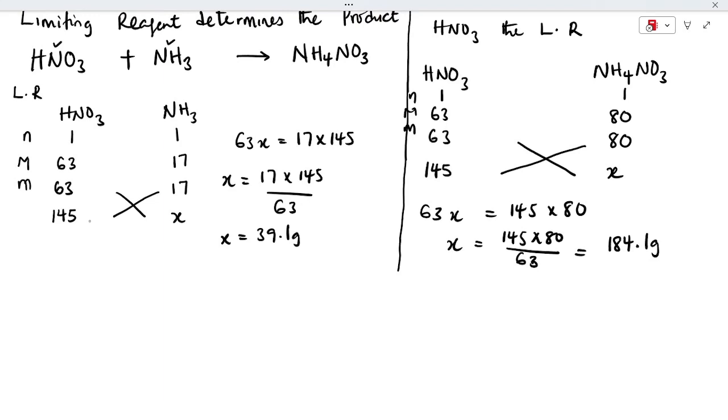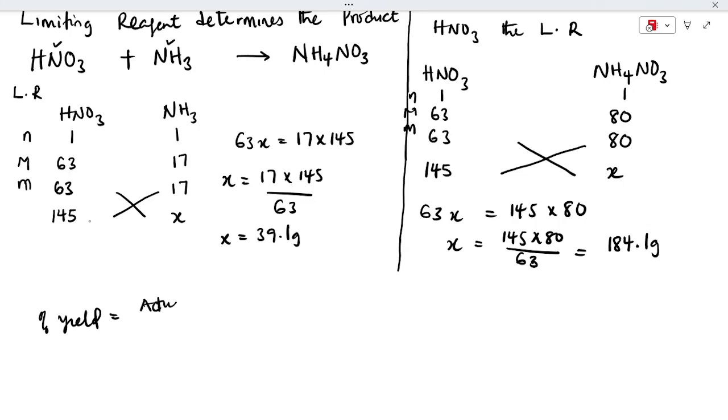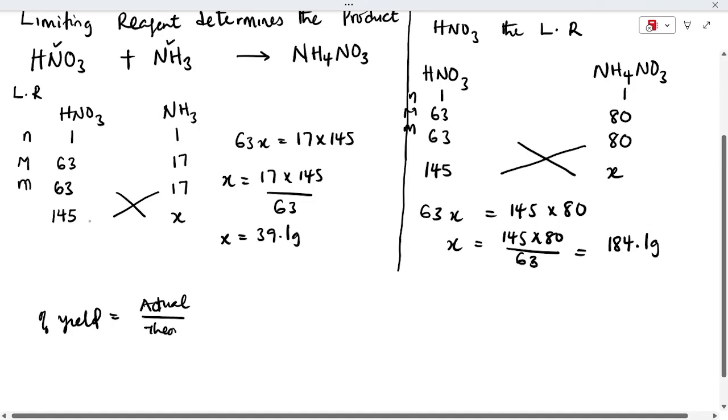Then question number 2 says, what is the percentage yield? That is actually the simplest part. Percentage yield is simply the actual yield divided by the theoretical yield times 100 over 1. We are given the actual yield as 181 grams.